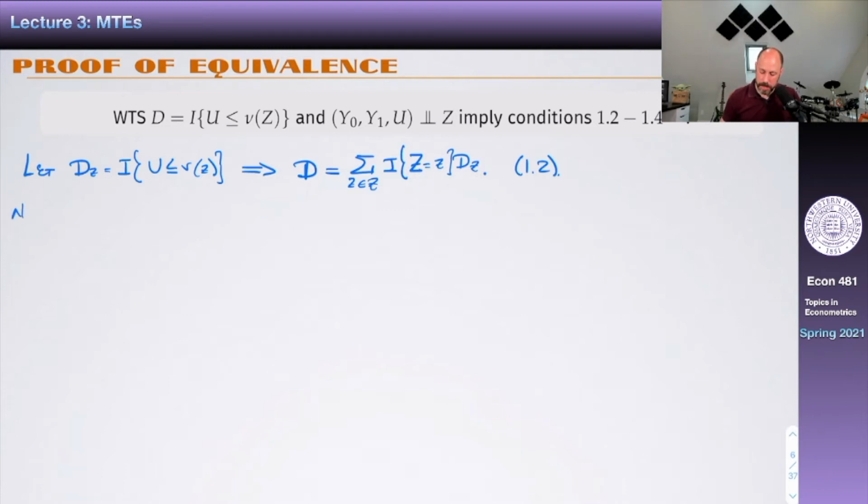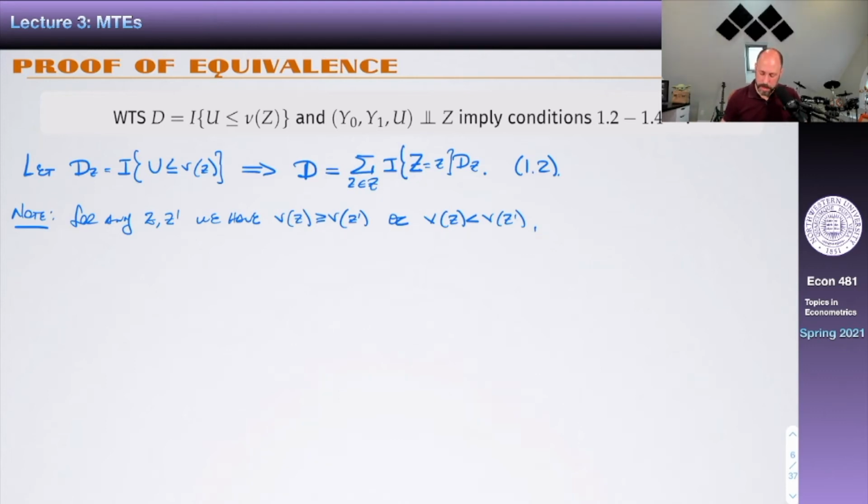Then note, for any z and z prime, we have that b of z is greater than or equal to b of z prime, or b of z is strictly less than b of z prime. So there's a function: when you give me two values of z, either b of z is greater than b of z prime, or the other way around. One of those is true, and we're going to use that.